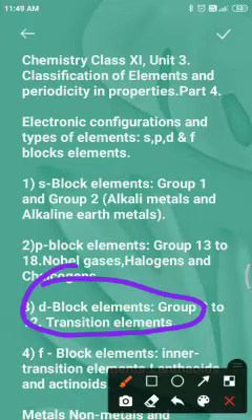They are characterized by the filling of inner d orbitals by electrons, and are therefore referred to as d block elements. These elements have the general outer electronic configuration (n-1)d1-10 ns0-2. They are all metals, and they mostly form colored ions, exhibit variable oxidation states and paramagnetism, and are often used as catalysts.